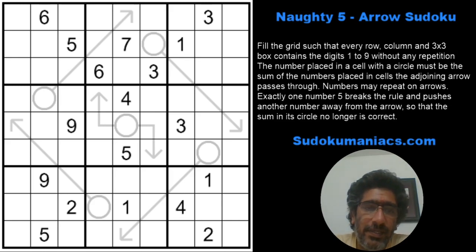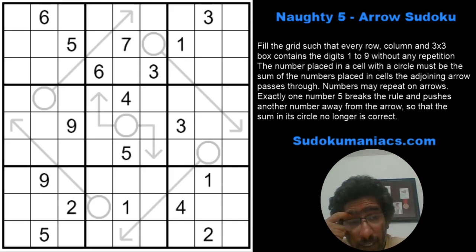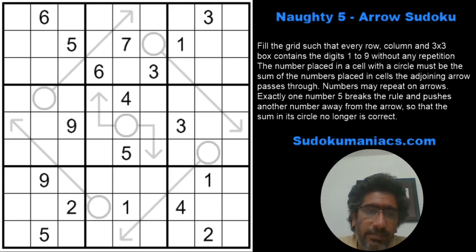What it basically means is we all are aware of the rules of an arrow Sudoku, right? Digits do not repeat in a row, column, or a 3 by 3 box. Additionally, the digit in the circle of the arrow is equal to the sum of all the digits that fall on the arrow, and digits may repeat on that arrow.